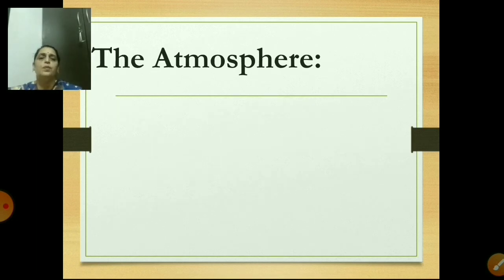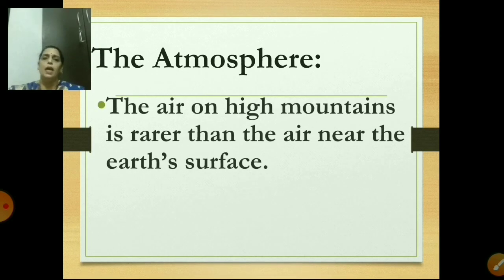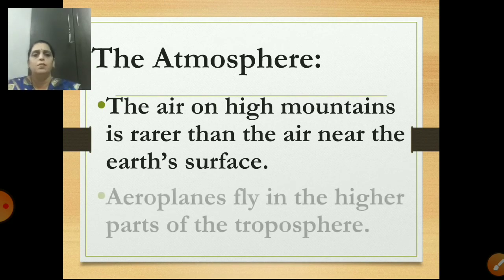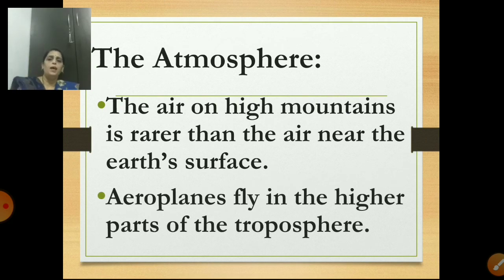So, the air on high mountains is rarer than the air near the earth's surface. Next point. Aeroplanes fly in the higher parts of the troposphere.